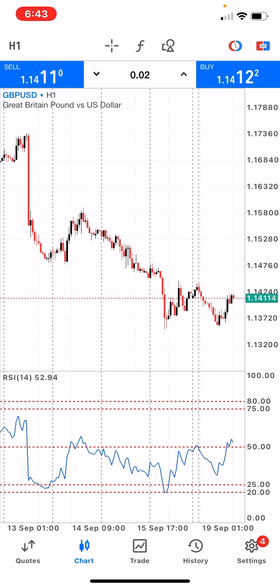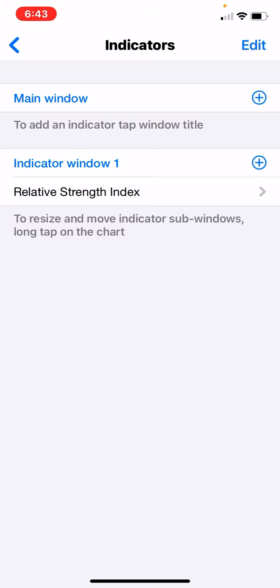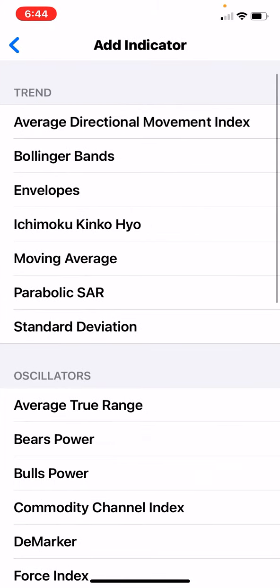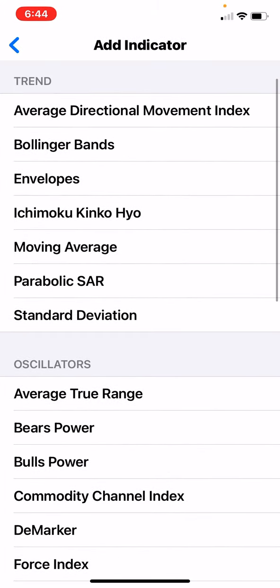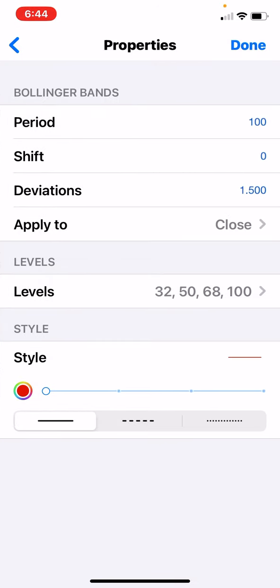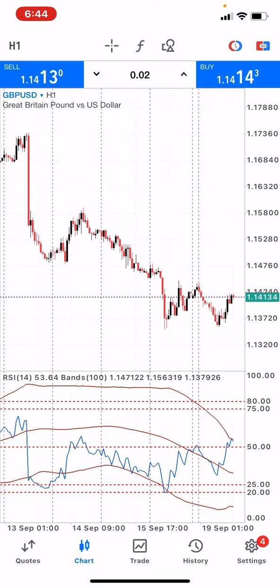And then the next indicator you're going to add, you click on the indicator window and add the Bollinger Bands. You can see my period is 100, shift is 0, deviation is 1.5, apply to close, levels, you can see them, and then click on done.